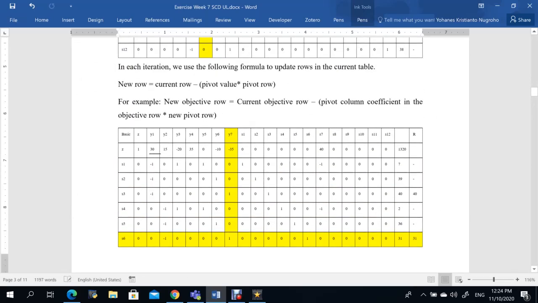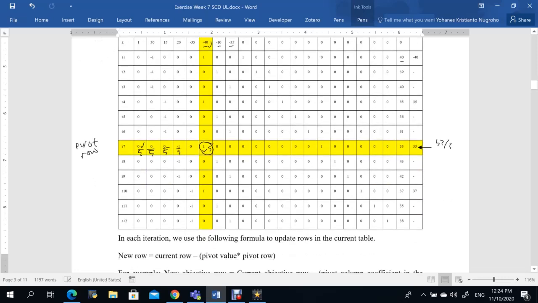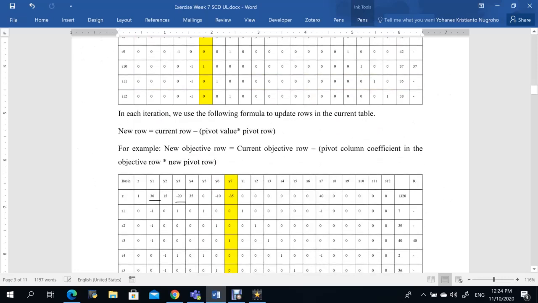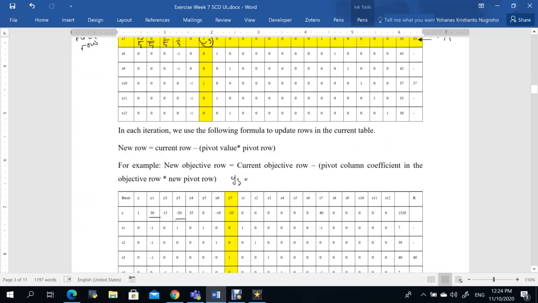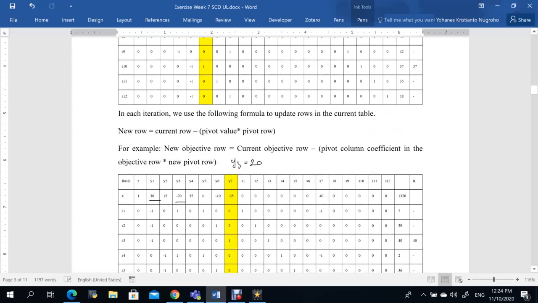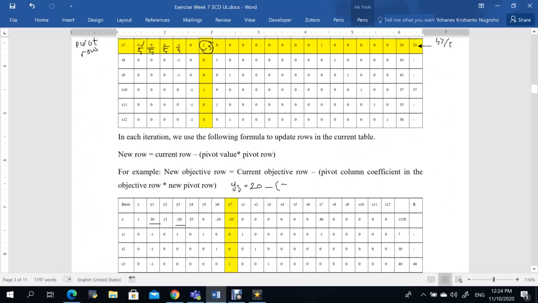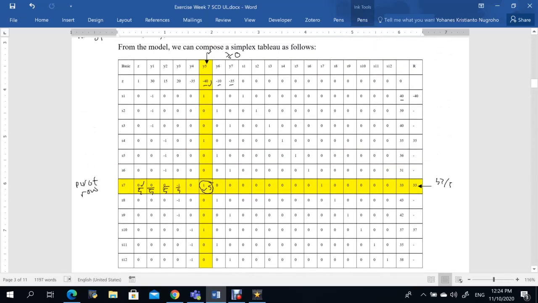Yeah, equal to 30. Okay, let's try again for y3 here, because it changed from 20 to minus 20, right? For y3, the new y3 equals the old y3, which is 20, minus minus 40 times y3 here, which is minus 1.